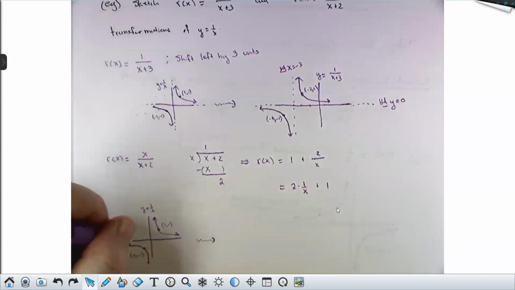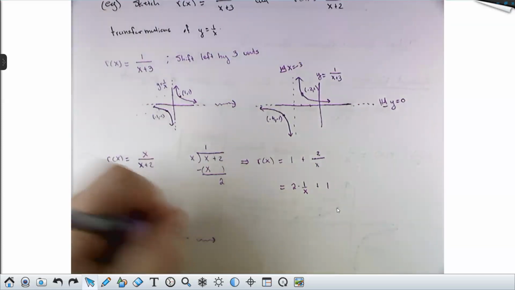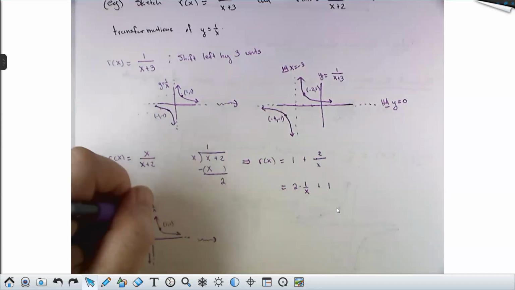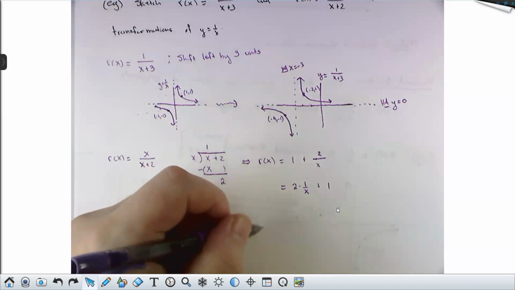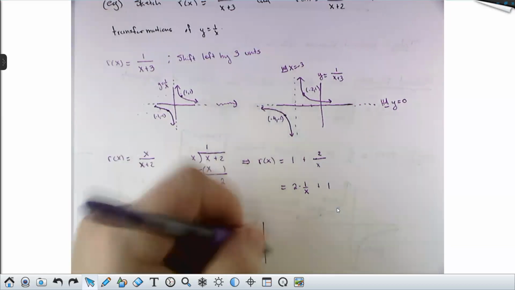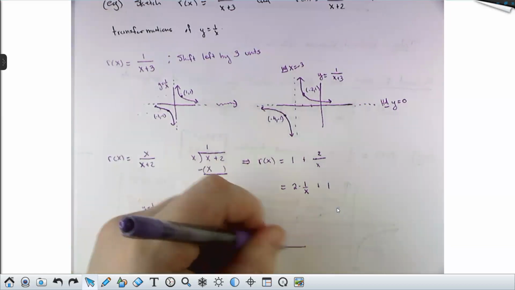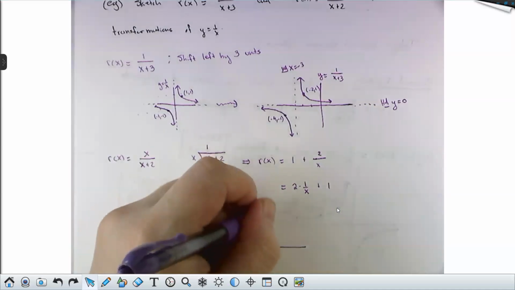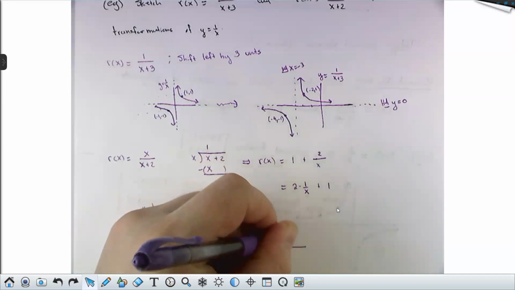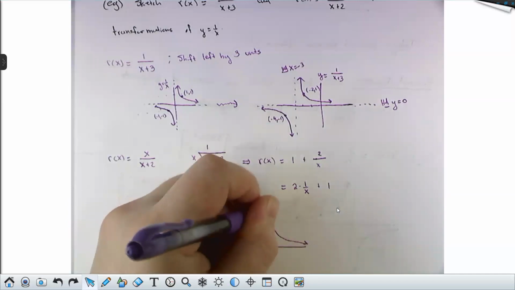Remember, we always do horizontal stuff before vertical stuff and scalings before shifts. So the first transformation to apply is that vertical scaling. If I stretch the whole graph vertically by a factor of 2, it's going to look kind of like this.